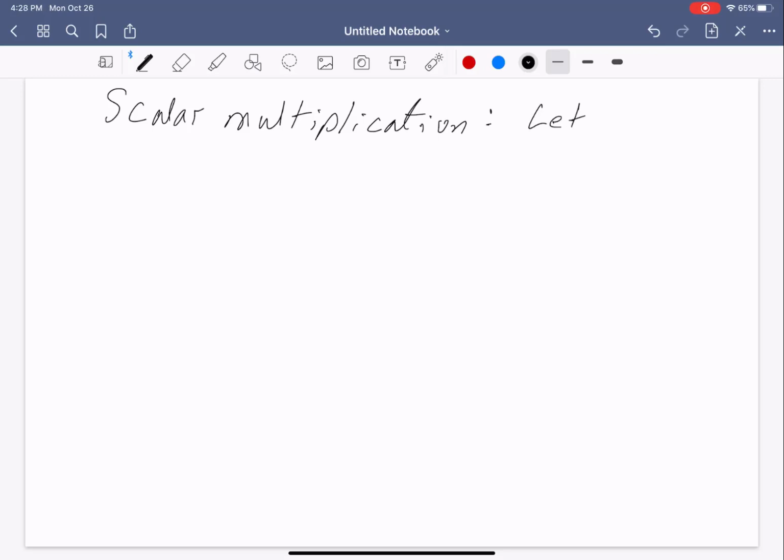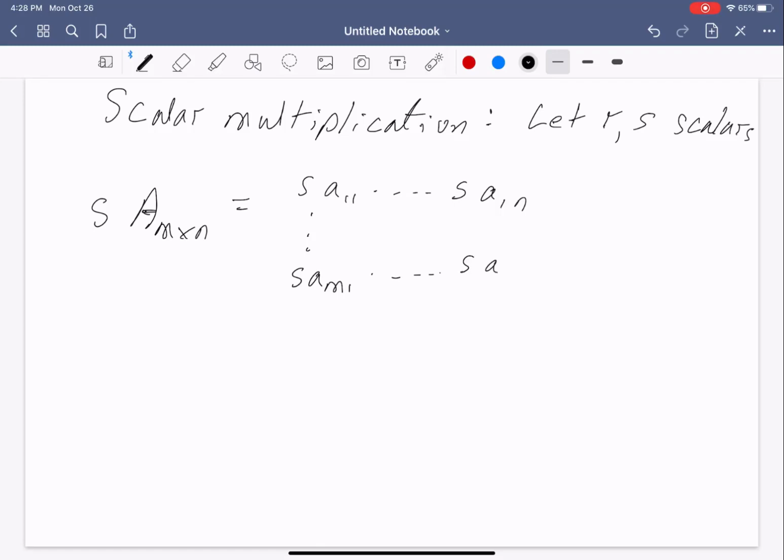So let R and S be scalars, and we multiply S times A, M by N. So a matrix A that's M by N, S times A is equal to S a11, all the way across to S a1N, and then down to S aM1, and then over to S aMN.